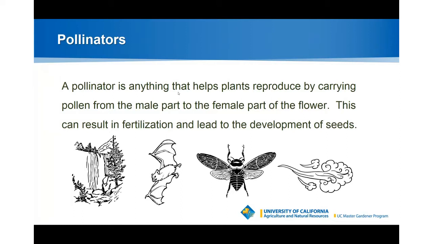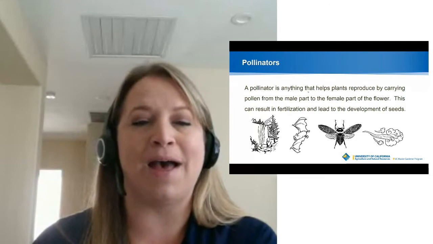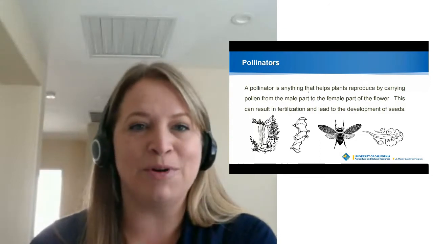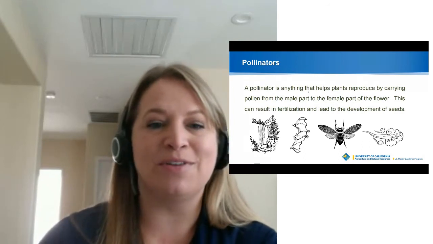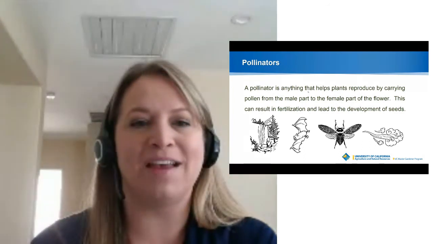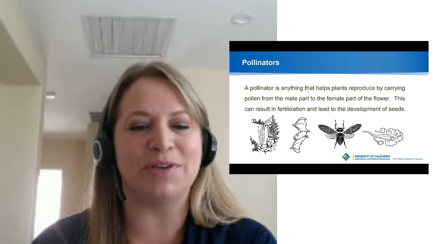Common insects that you would think of, of course, are bees, like Lauren mentioned, but also butterflies, moths, beetles, and other insects. In terms of animals, the most common ones you're going to think about are probably birds like hummingbirds, and then bats. Bats are wonderful pollinators.